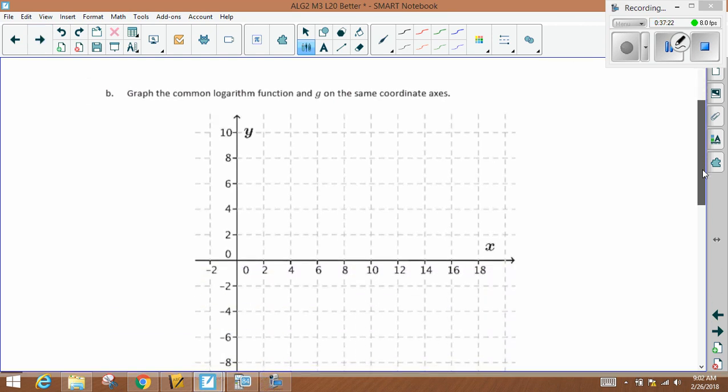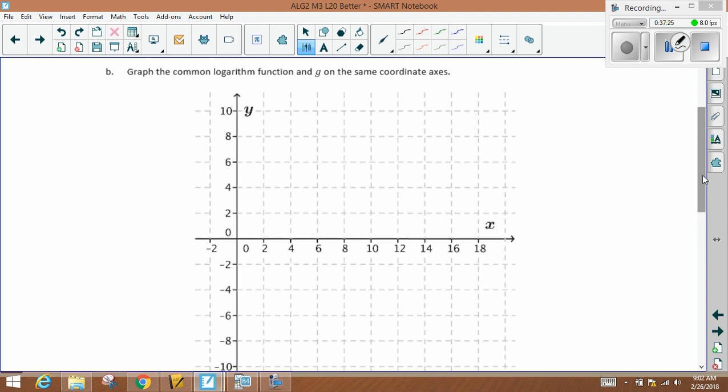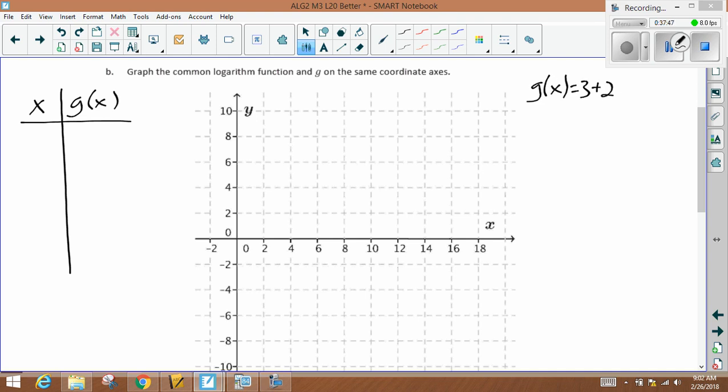So we're going to graph the common logarithm, f of x, and g of x on the same axes, but I'm going to go ahead and make a table for g of x, okay? And remember, since it's on the other page, g of x was 3 plus 2 log base 2 of x minus 2.